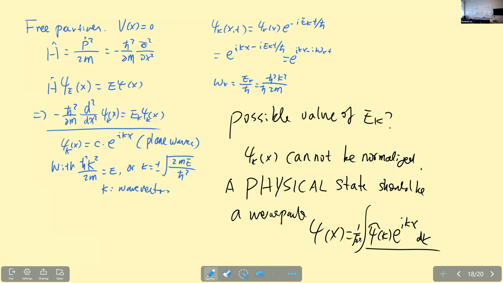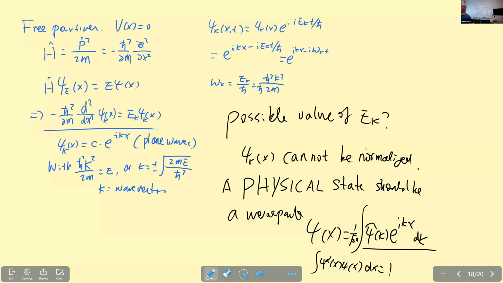And this one should have normalization. So we should form something like this.